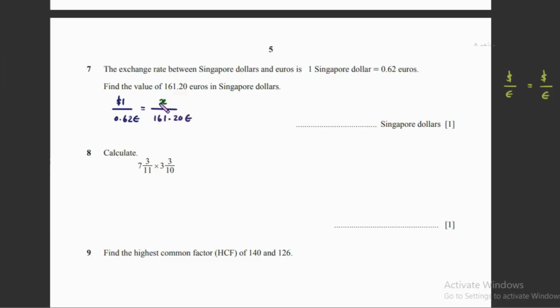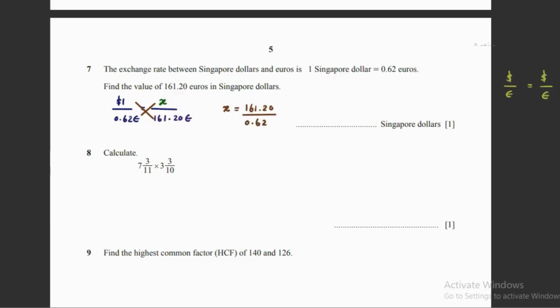So now I need to find what x is. I'm going to cross multiply, or I can simply take this 161.20 euros that is in the denominator to the other side, so that it multiplies with this $1. So the value of x, if we are to find what x is, this 161.20 euros has to be divided by 0.62.